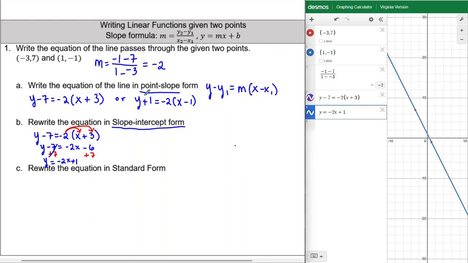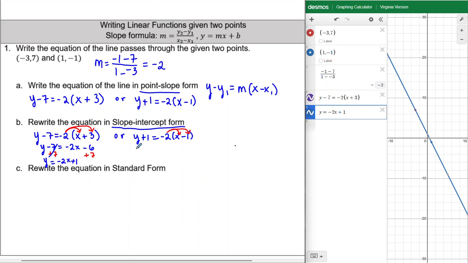Okay, it'll do the same thing if I use the other equation as well. Let's go ahead and do it just to show you. So I'll bring this down real quick. I'm going to distribute this -2 and get rid of the parentheses.